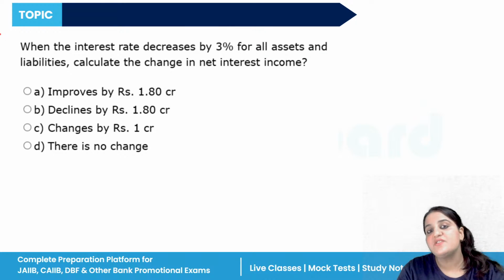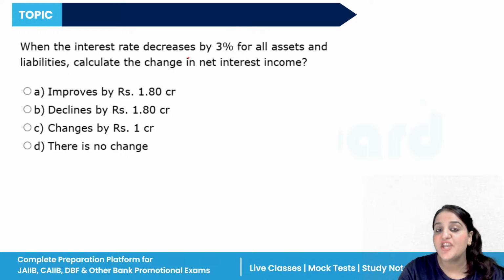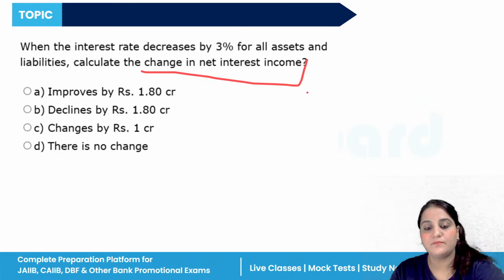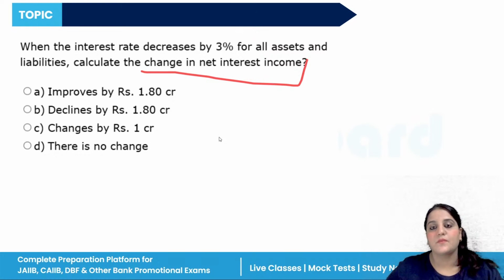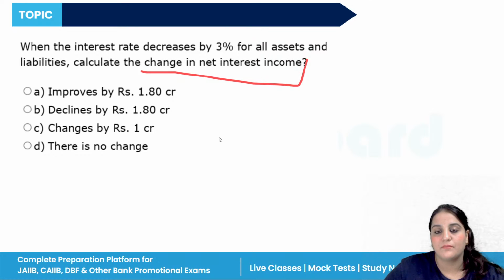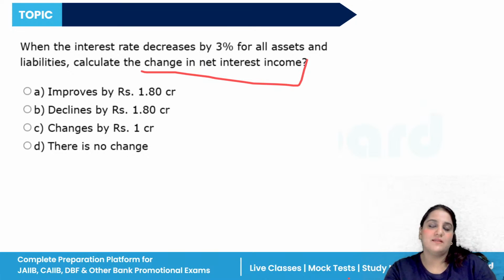Okay. When the interest rate decreases by 3% for all the assets and liabilities, calculate the change in net interest income. How can we calculate the net interest income here? See, the gap we know is negative 60 crore. Here the rate changes by 3%, which is decreasing, minus 3%.